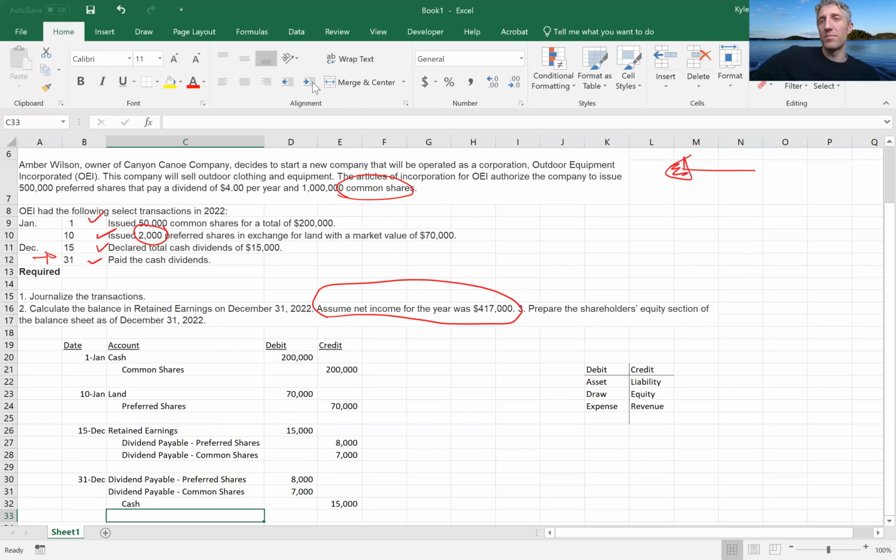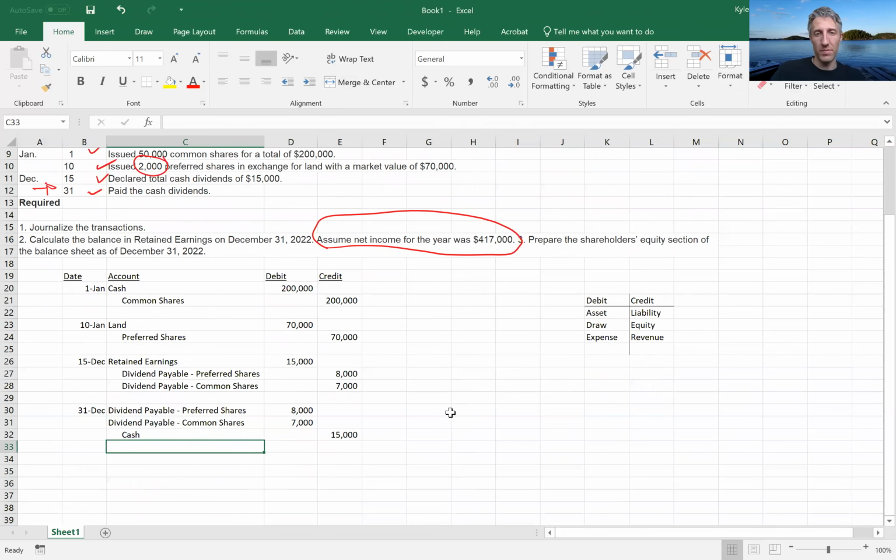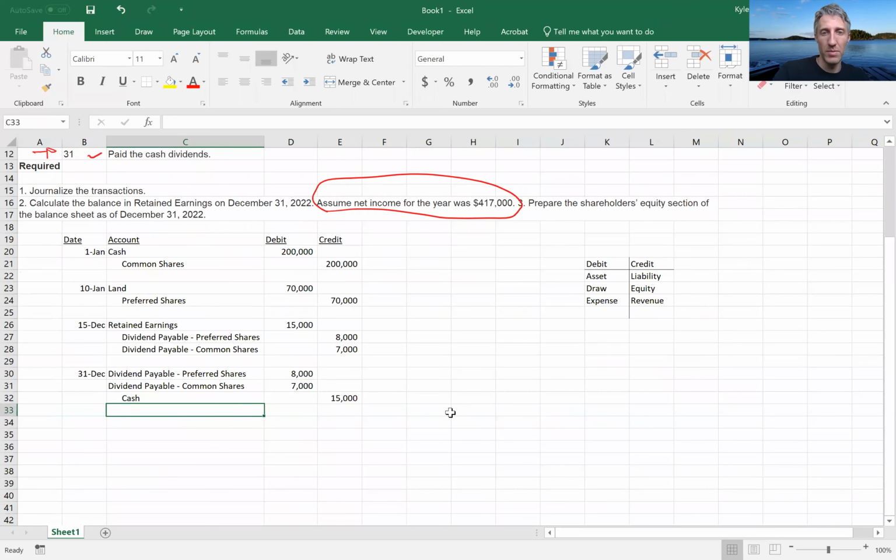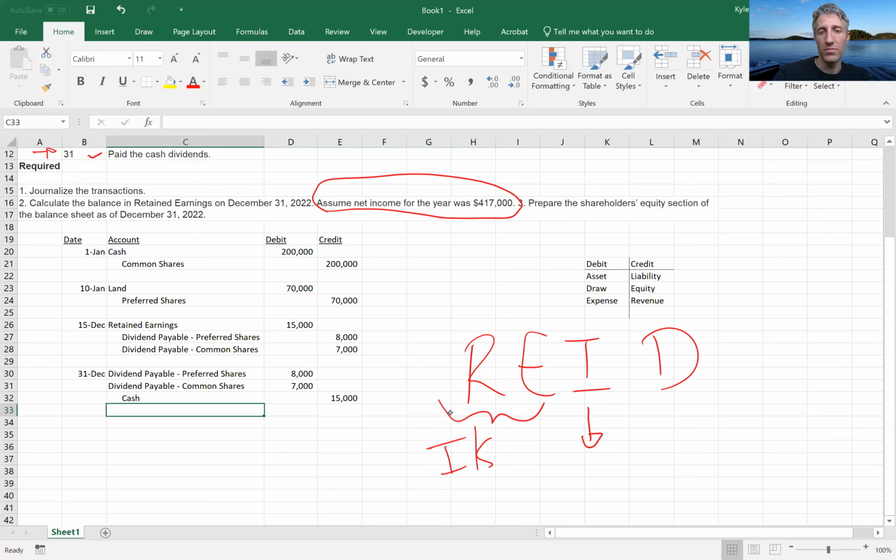We need to know what net income is, because referring back to our closing process, so I'm going to scroll down and give myself a little bit more room. Closing process, REID: revenues and expenses close to income summary. Income summary then closes to retained earnings, and dividends are paid out of retained earnings. So that's the flow of how this works.